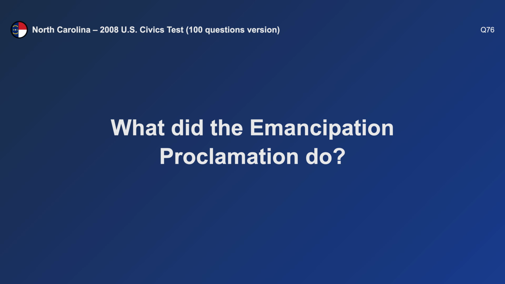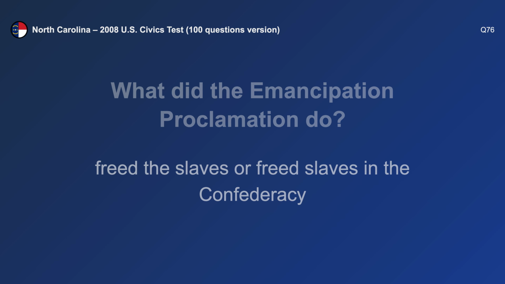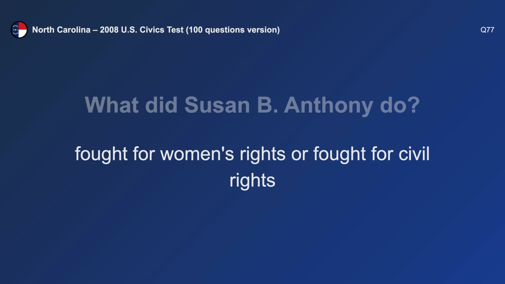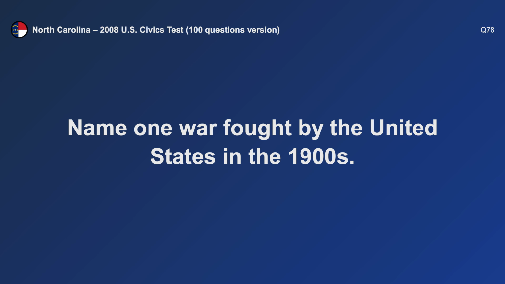What did the Emancipation Proclamation do? Freed the slaves. What did Susan B. Anthony do? Fought for civil rights. Name one war fought by the United States in the 1900s.